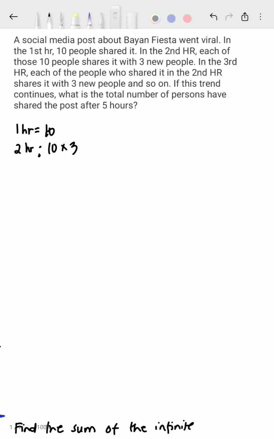So that is total of 30. And then on the third hour is those 30 nag-share din, and we got 90 new persons who were able to share the post.